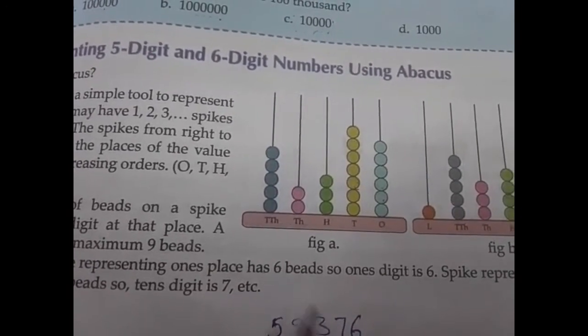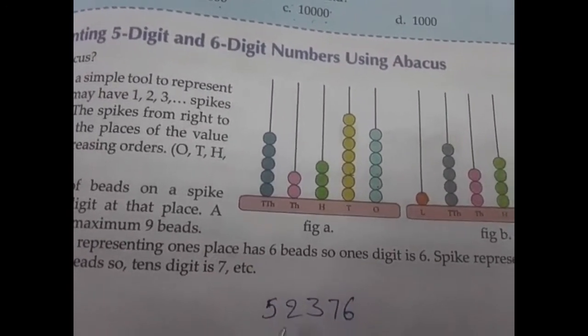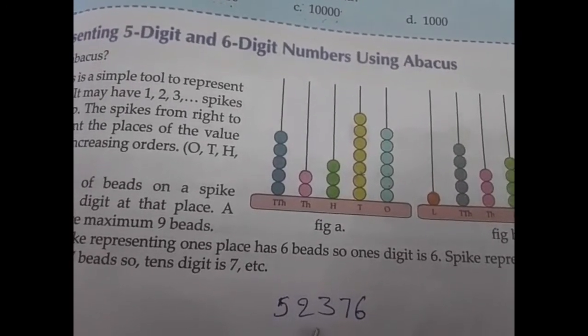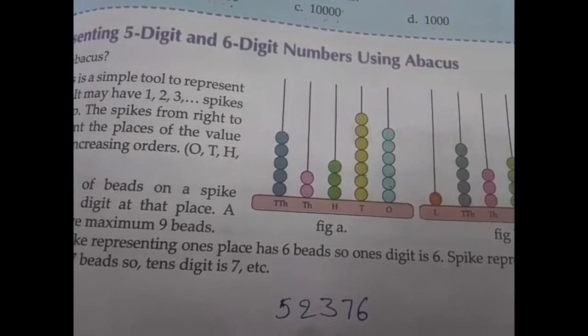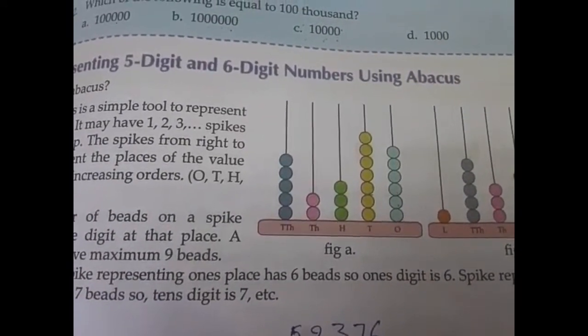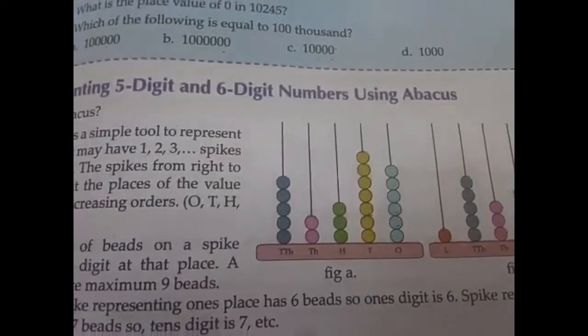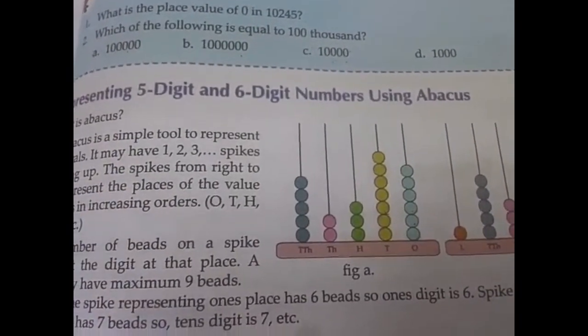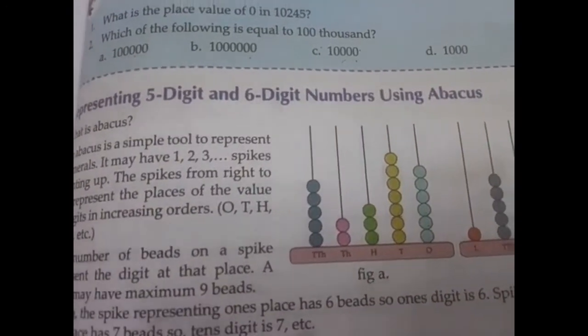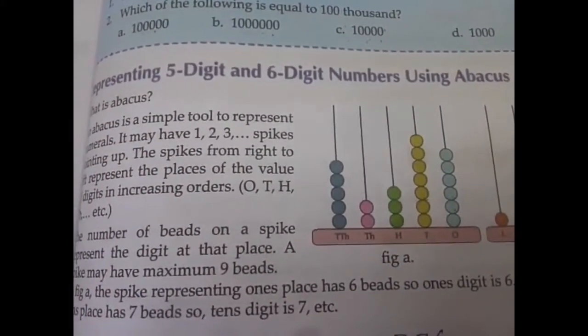Okay. The number here is 52,376. Every spike has a maximum number of beads. 9 is the maximum number of beads for every spike.